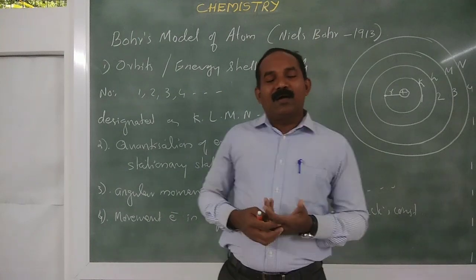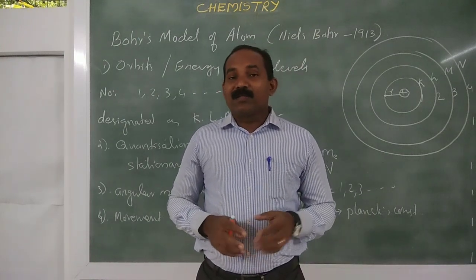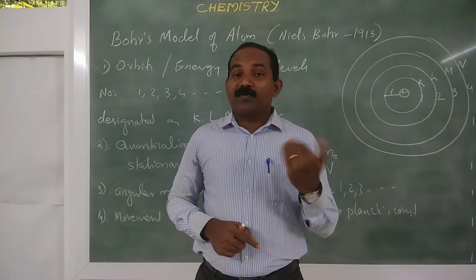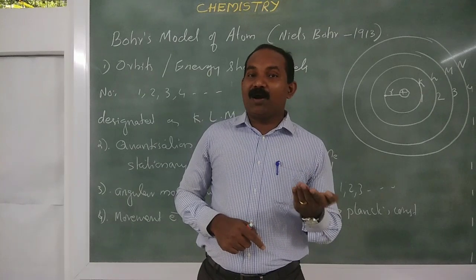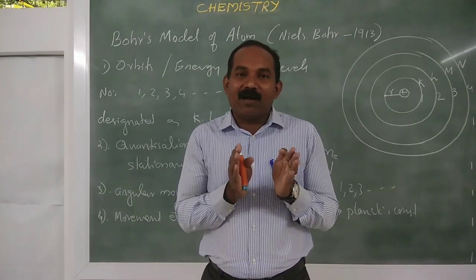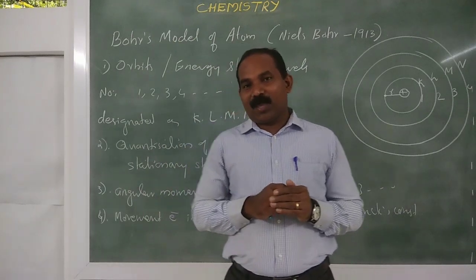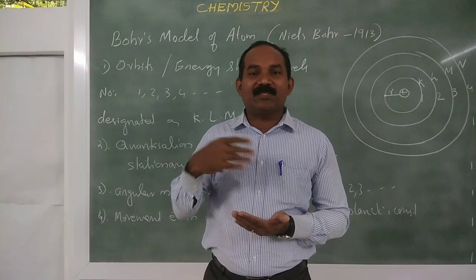And another important point is the frequency of absorbed or emitted radiation, or the light emitted by the electron. When the electron jumps from a higher level to a lower level, energy is emitted.